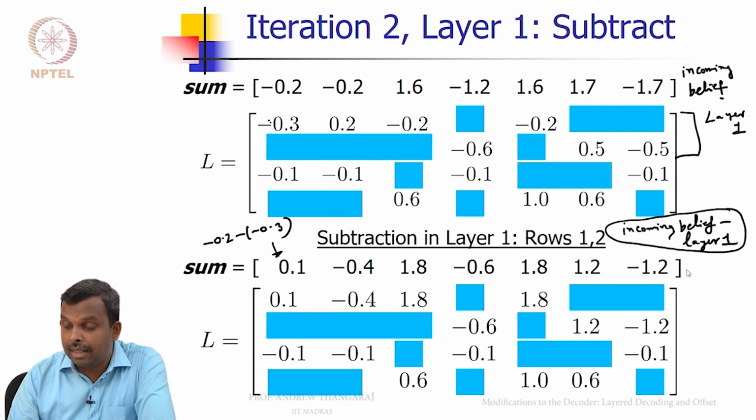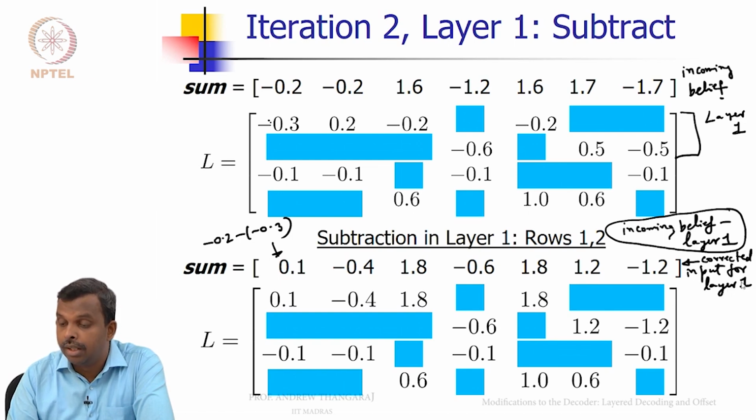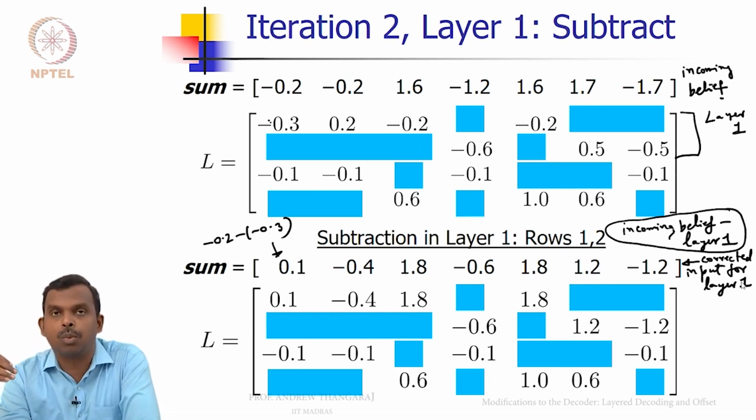So, this is like the new actual input, or some sort of a corrected input for layer 1. Okay. You had an incoming belief, and before you start processing layer 1, you have to sort of correct it. What are you correcting it for?